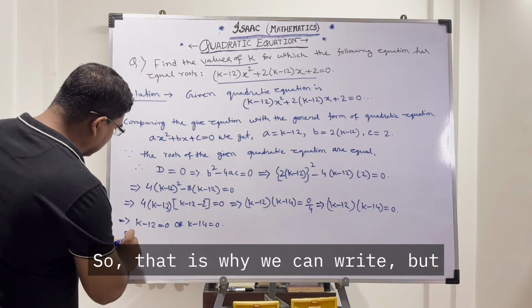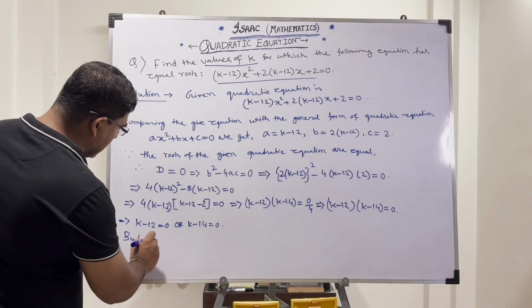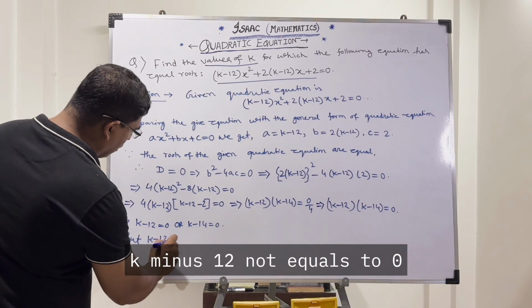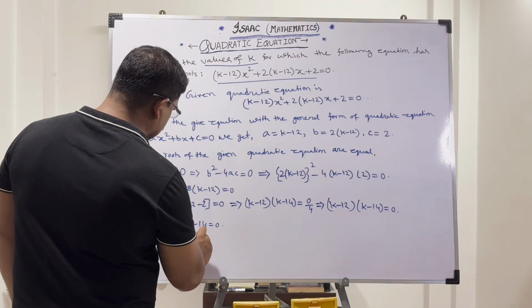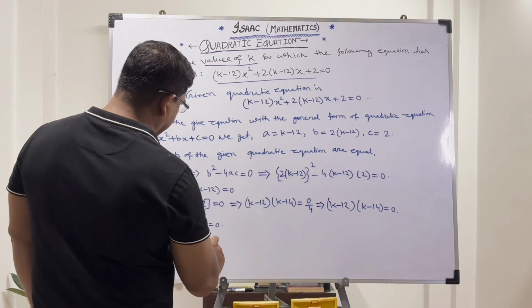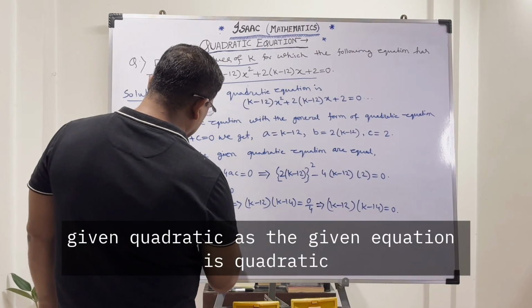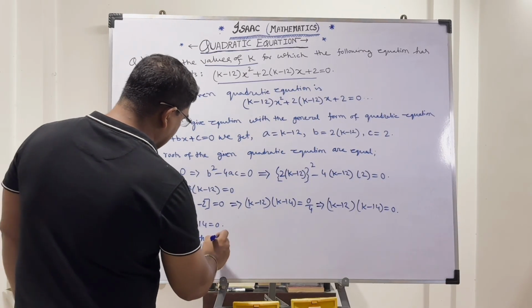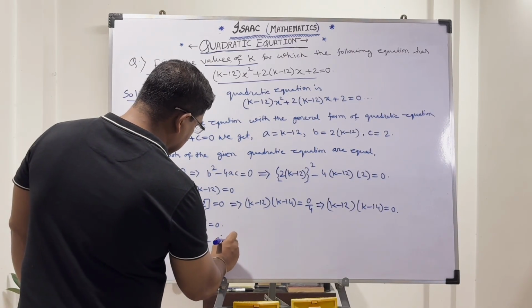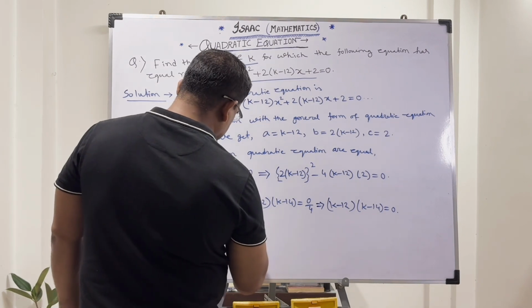So that is why we can write, k minus 12 not equal to 0, as the given equation is quadratic.